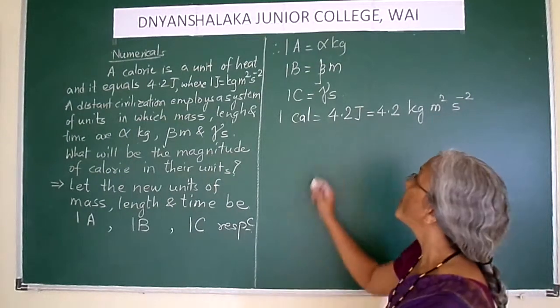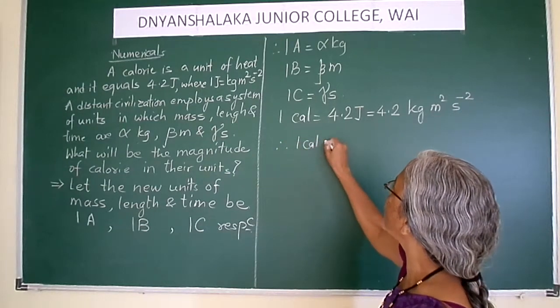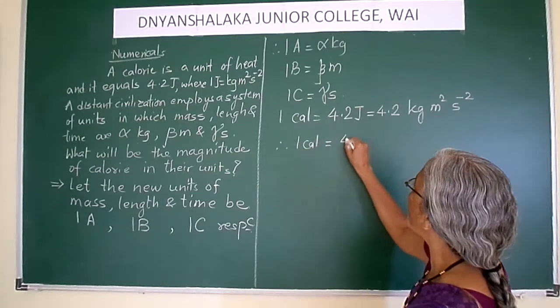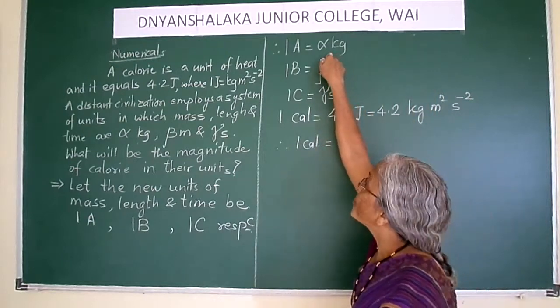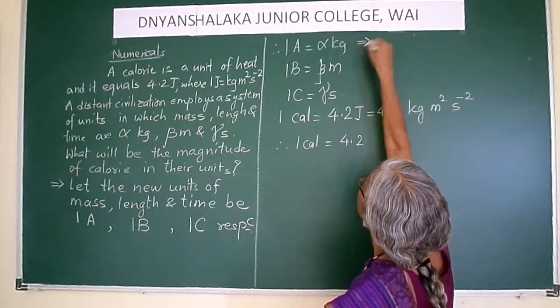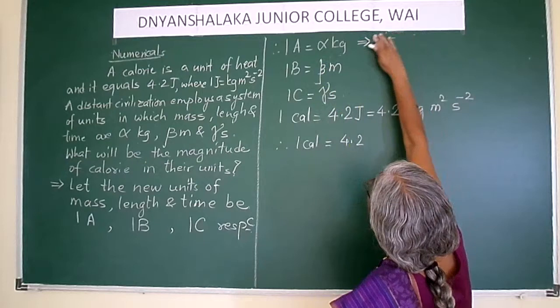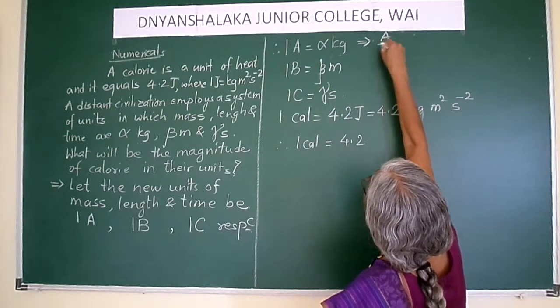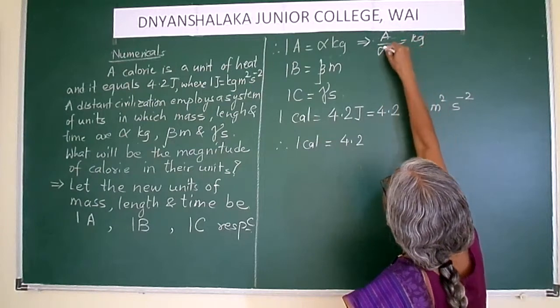Right? Therefore, 1 calorie will be equal to 4.2. Now see here, students. If 1A is equal to alpha kg, it implies that A upon alpha will be equal to 1 kg.